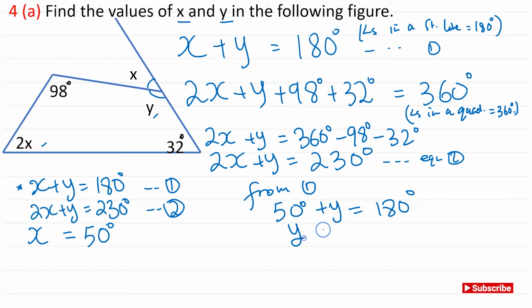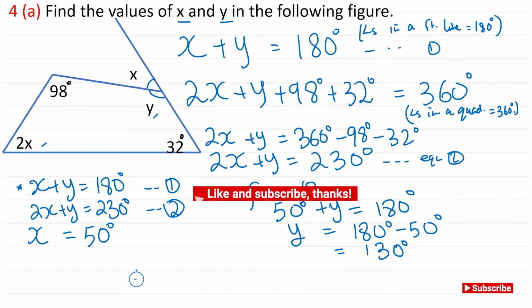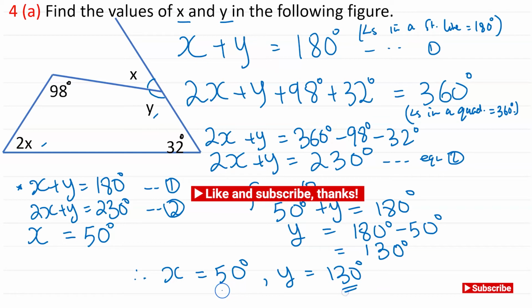Therefore y is going to be equal to 180 degrees minus 50 degrees. This is going to give you 130 degrees. So therefore x is equal to 50 degrees and y is equal to 130 degrees. That is part A completed, guys.